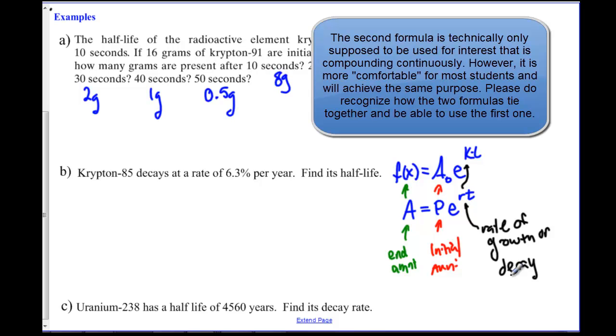It's an A naught, A sub 0, like a little baby 0. Again, I think that formula looks a lot harder than it is, because A equals P e to the rt is the exact same idea.